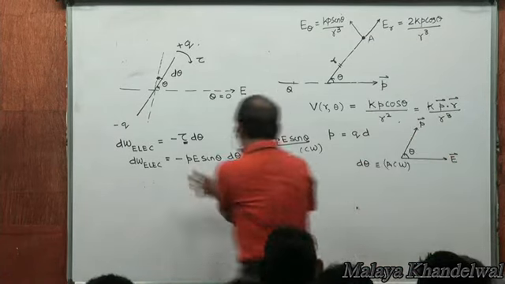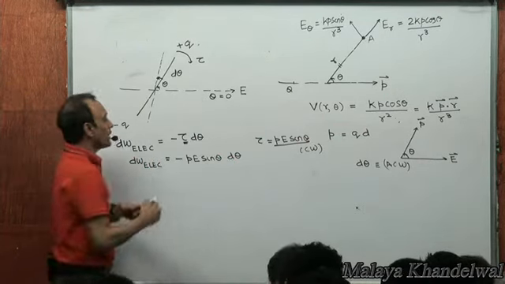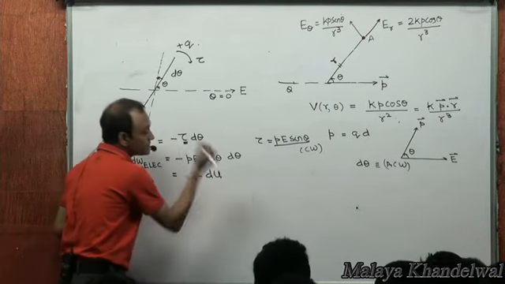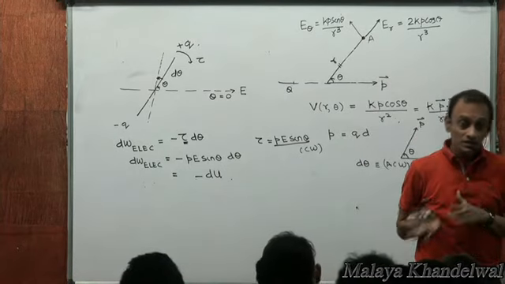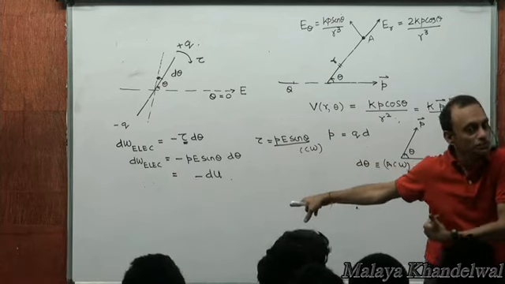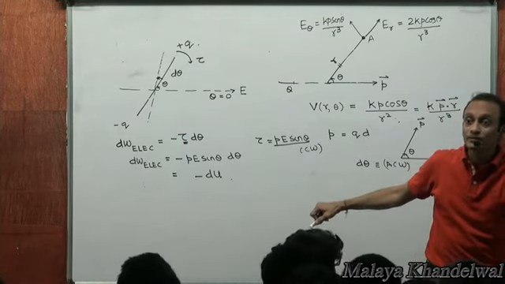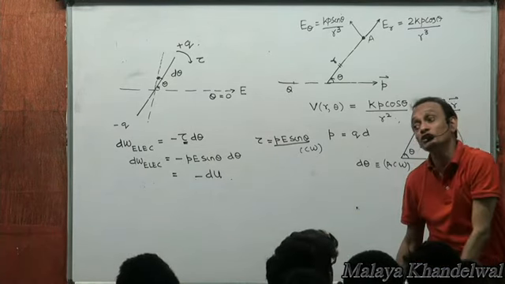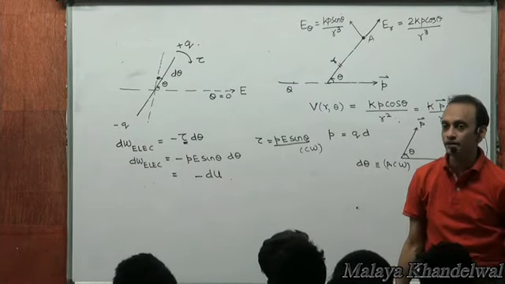So this is the work done by the electric field on this arrangement of dipoles, and that must be the negative of the change in potential energy of this arrangement. Work done by the electric field on an arrangement results in a change in potential energy, and it's going to be the negative of the change in potential energy. That's how potential energy was essentially defined. Work done by the forces of a conservative field will be the negative of the change in potential energy. That was the definition of the potential energy in a conservative field.